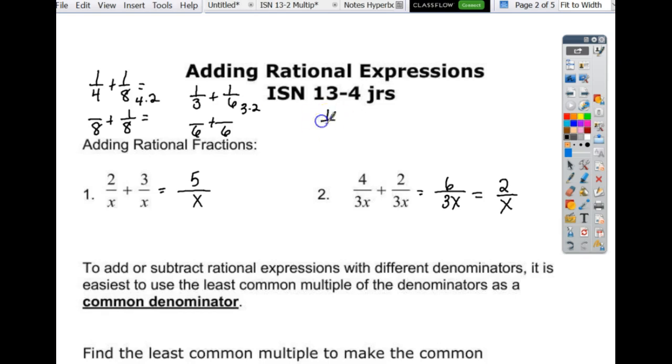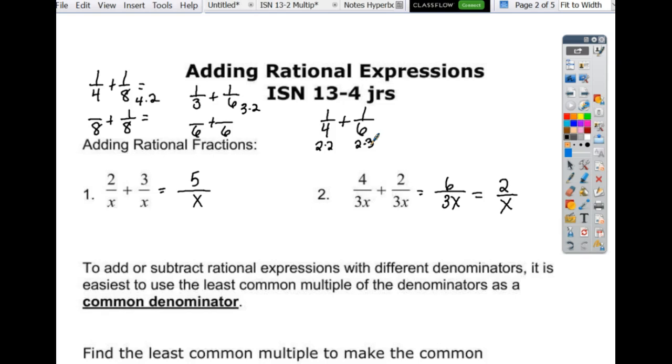So I do want to look at this one, though. If I'm finding a common denominator here, the 4 is 2 times 2, correct? And the 6 is 2 times 3. So I need a 2, I need a second 2, and I need a 3.